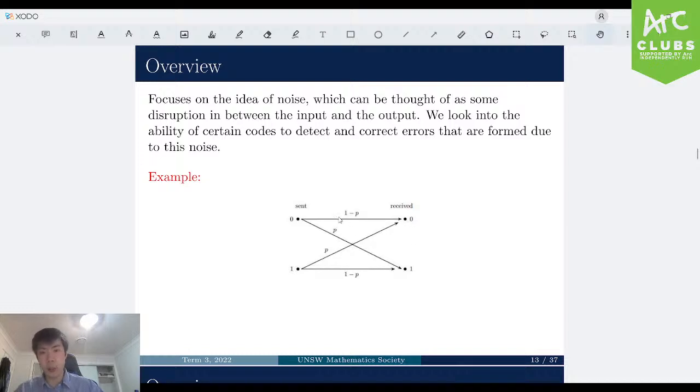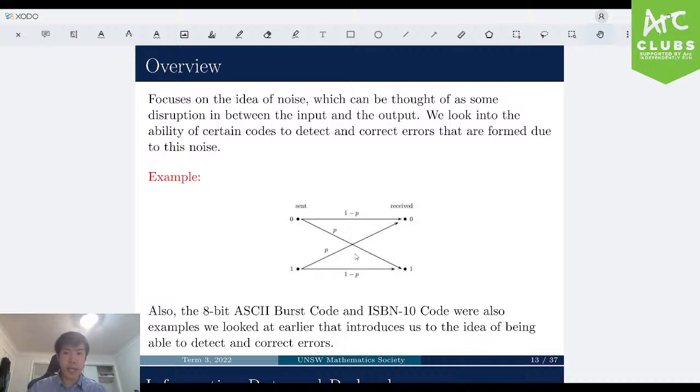But there's also simultaneously some noise in this process that might cause a 0 to be sent as a 1. So there's a p chance of corrupting the 0 to a 1. Similarly for the 1, it has a success rate of 1 minus p of arriving as 1, and there's a probability p of it being corrupted to a 0. Okay, so the possibility of corruption is caused by this noise.